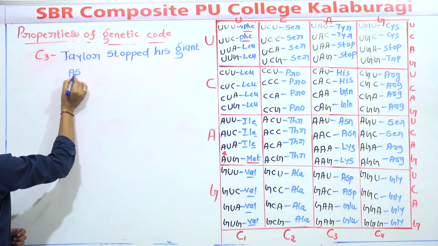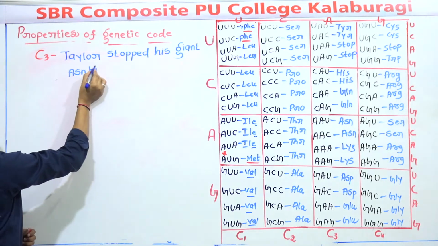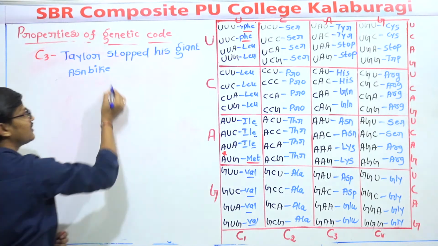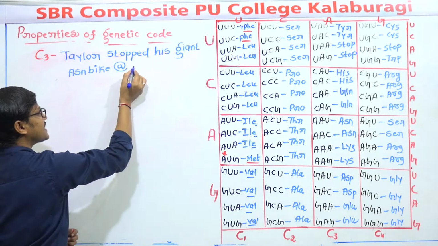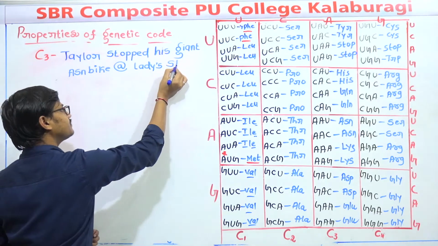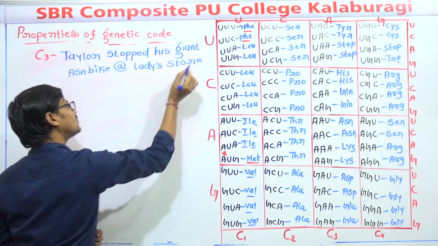ASN bike. Just imagine there is a boy, his name is Taylor, and he has a very big ASN model bike. Where did he stop? He stopped at a ladies' store. Why?